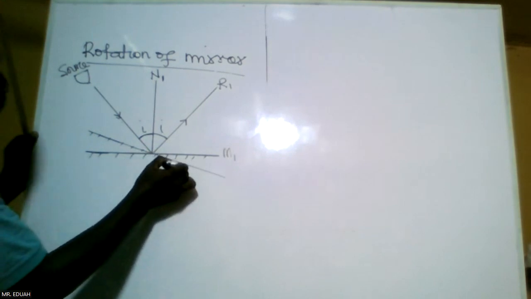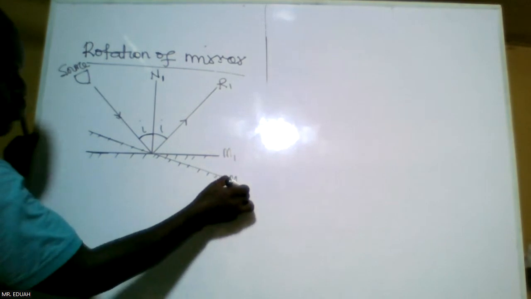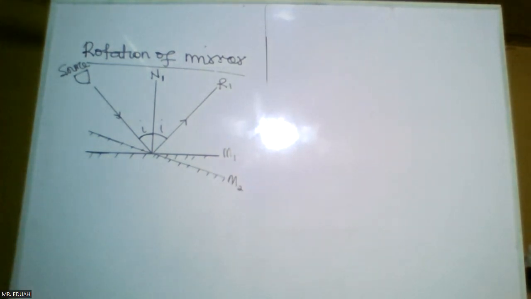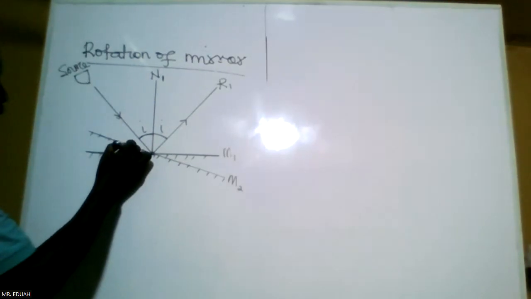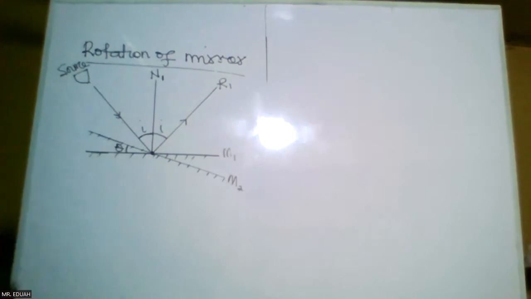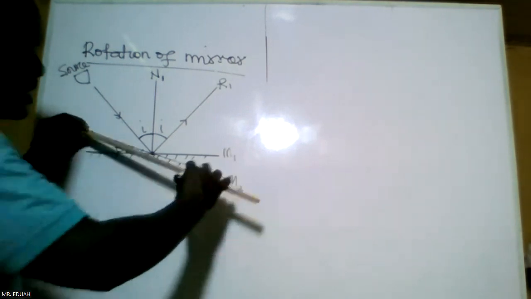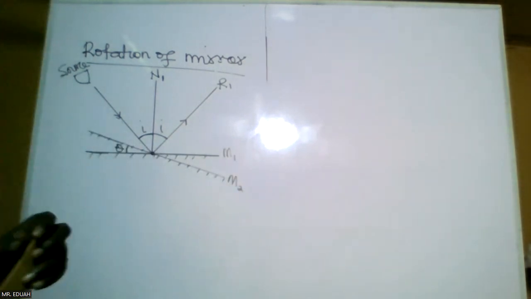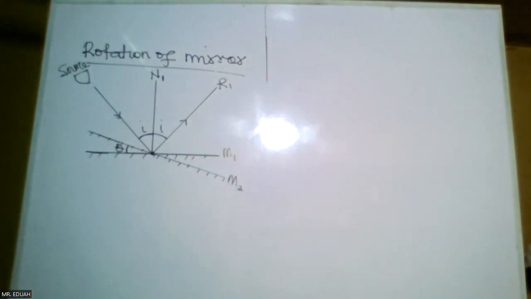The same mirror, please, it is not a different mirror. So M2 is a new mirror position where it is rotated through an angle theta. Now, the normal to the new position of the mirror will certainly change, because the normal is always perpendicular to the surface of the plane.